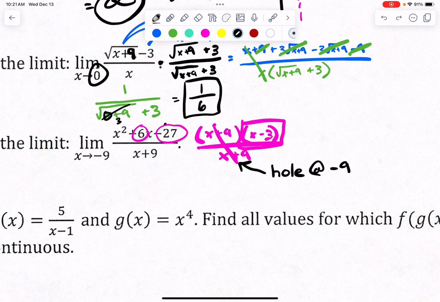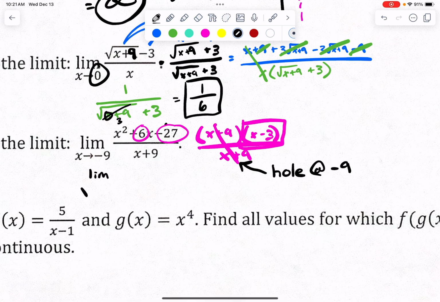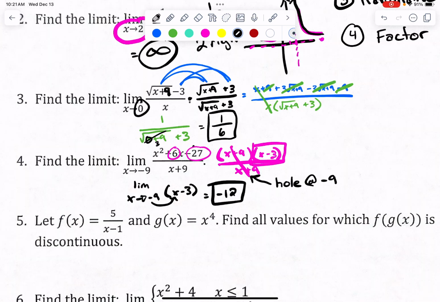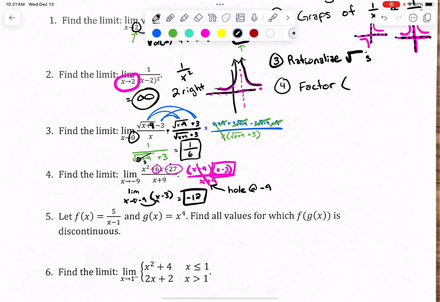So we canceled out the top and bottom, so now I'm just evaluating the limit as x goes to negative 9 of x minus 3, and now I can plug negative 9 in. And if I do that, I get negative 12, so that's my limit, okay? So when you're factoring, you're basically canceling out the hole, or getting rid of the hole in there so you can identify the limit.